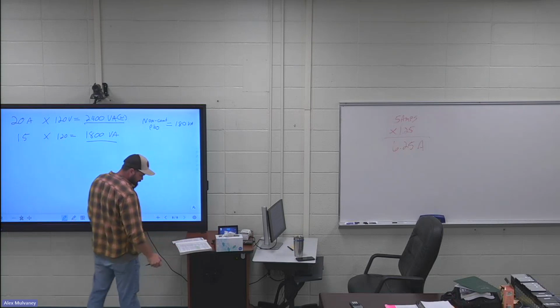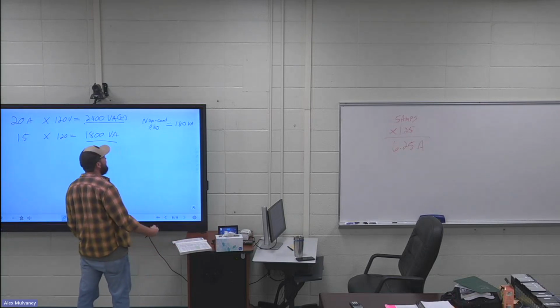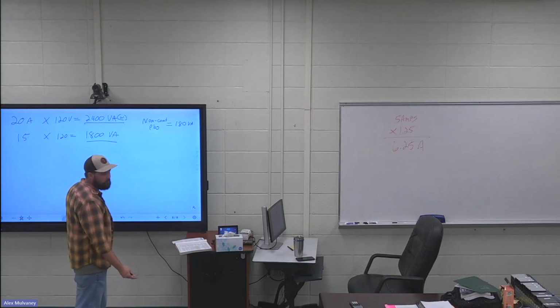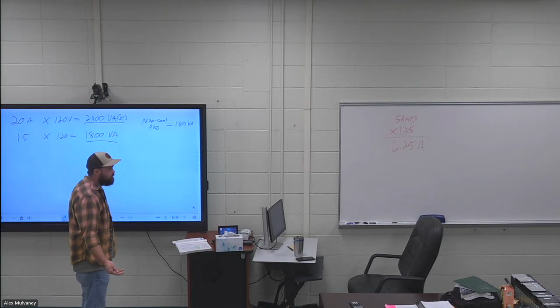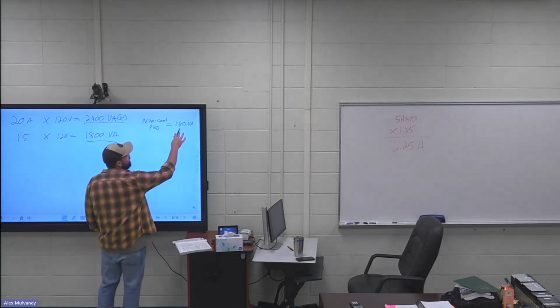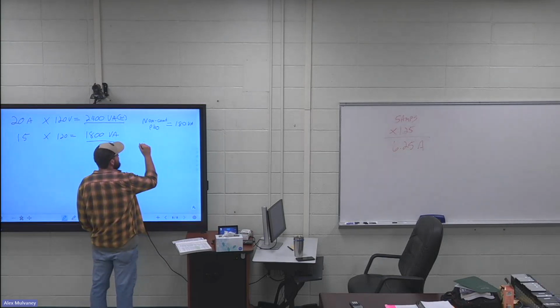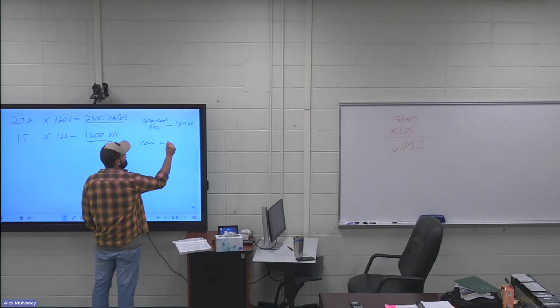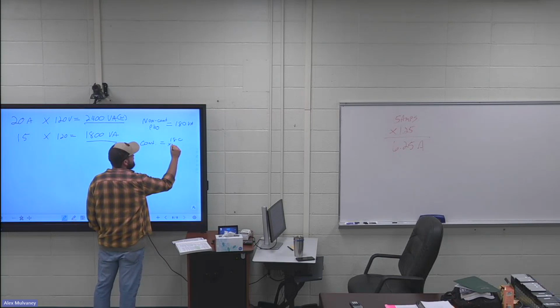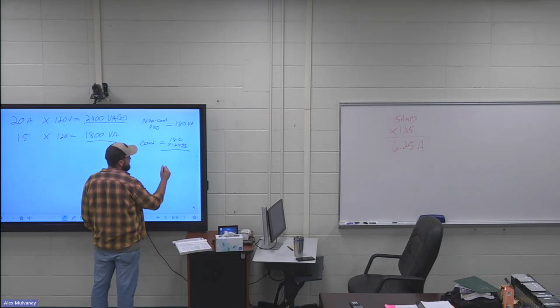But if I had a continuous duty plug, how much is that going to take up? So what do I have to multiply 180 by if it's continuous? 125%. So continuous is 180 times 125%, which gives me what?